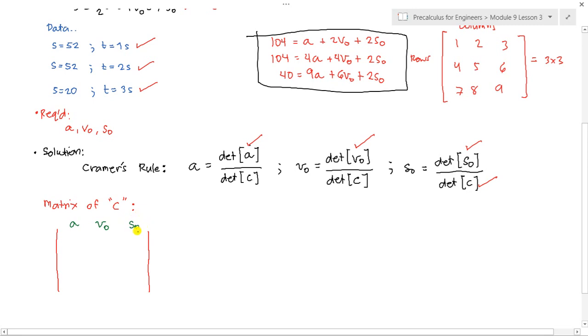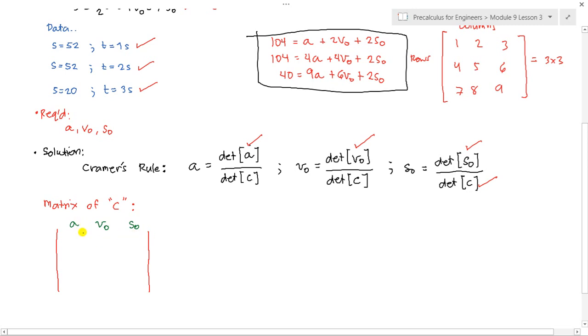In our matrix, the size is determined by the number of unknowns. Since the number of unknowns in this problem is 3, the size of our matrix is 3 columns and 3 rows.